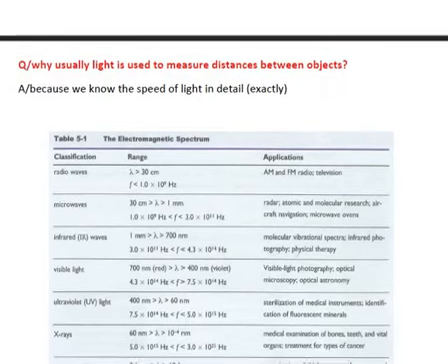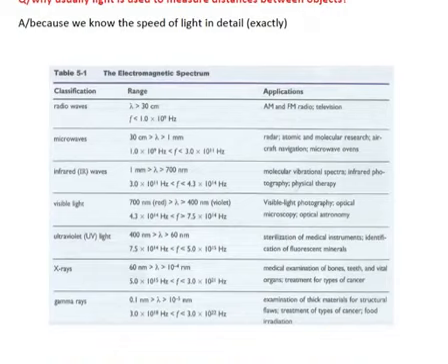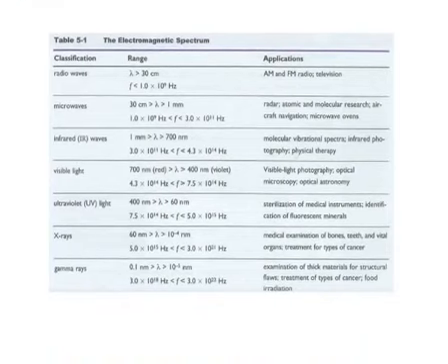Let's get to the table. This table 5.1 shows us the electromagnetic spectrum. Spectrum means a group of electromagnetic waves. So we have 7 types of electromagnetic wave. We have classification, range, which means its frequency and wavelength, and the application, its usage.